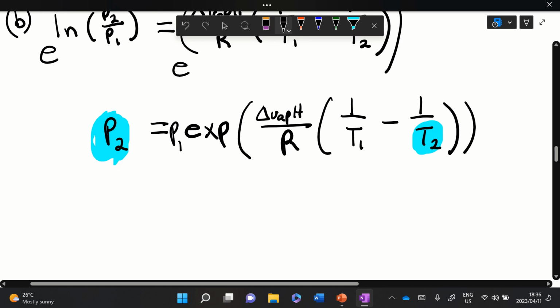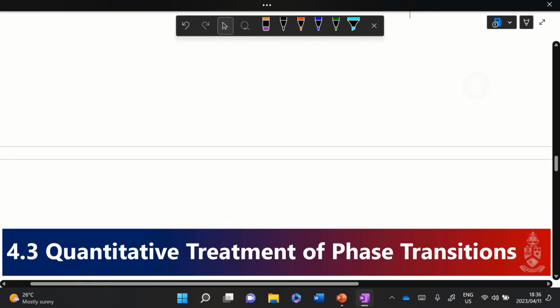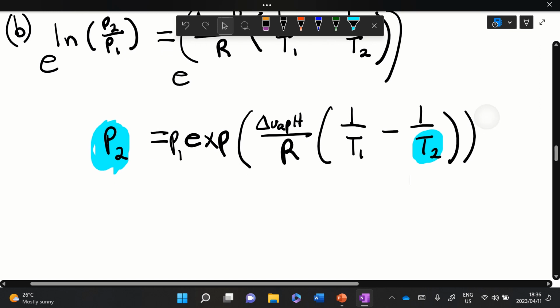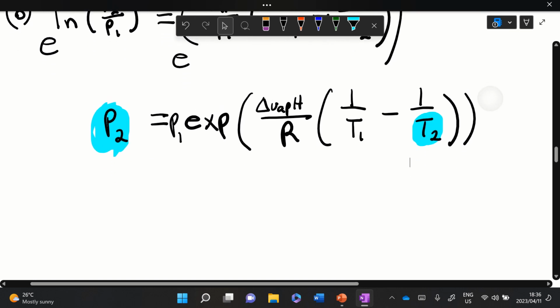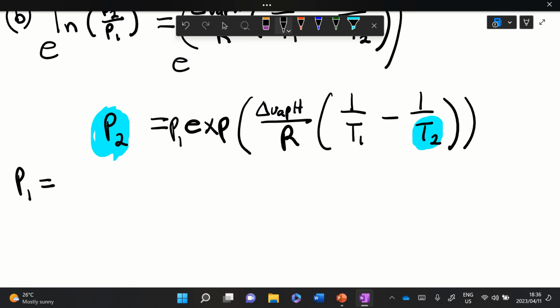So just remember that those two need to go together. I mean, the subscripts imply that, but you just need to always keep that together. Okay, and then basically we just need to plug it in. So P1 is of course the normal boiling point or the normal vapor pressure. So that is 1.01325 times 10 to the power 5 Pascal.